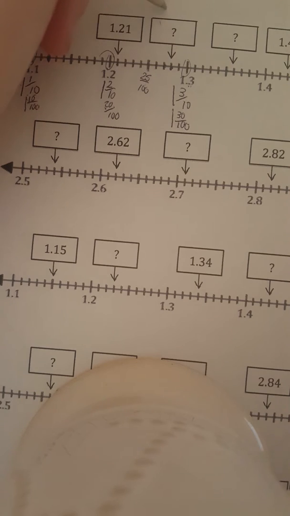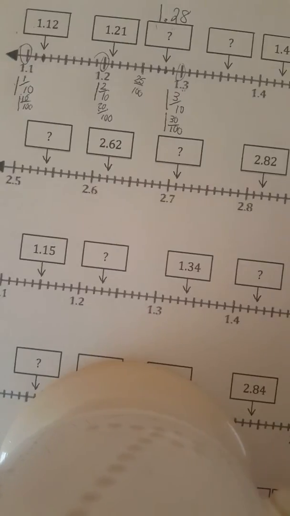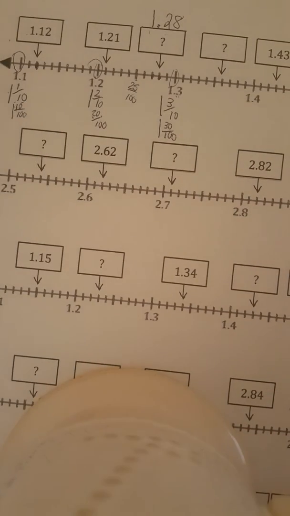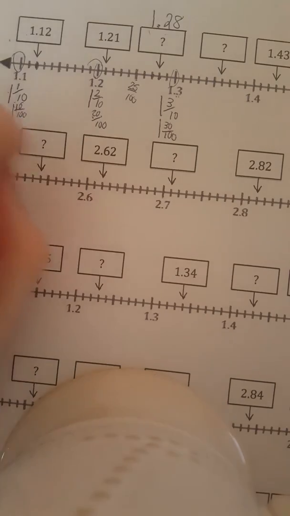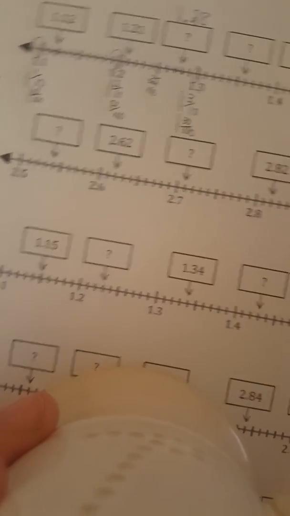So I know that'll be 1 and 28 hundredths. Okay, I can't forget that one whole, because if I didn't have the whole, I'd be way, way on this side of the number line. I'm in between 1 and 1/10 and 1 and 1/6, so I have to have that 1 or it's not in between there.